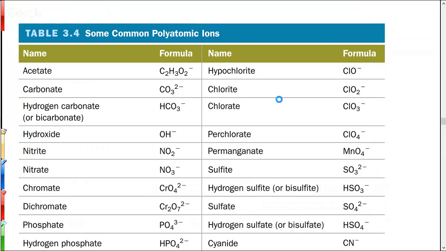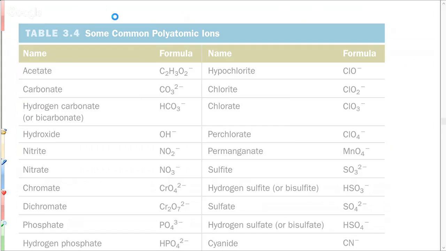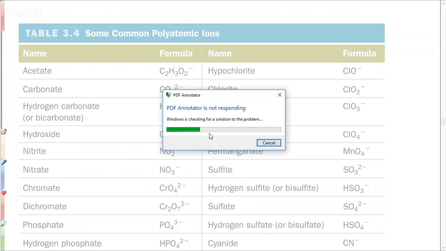I know there's a couple more rows here, but this thing kind of crashed and froze, so it's just stuck there. I could shut it down and try to reload it.